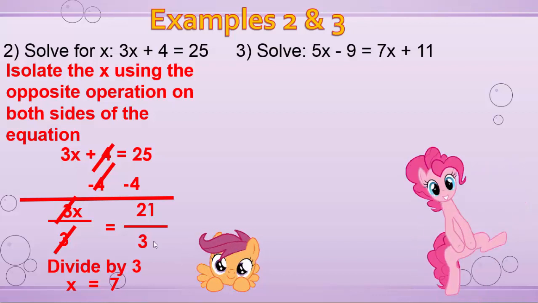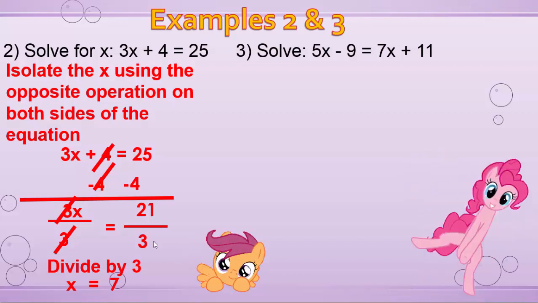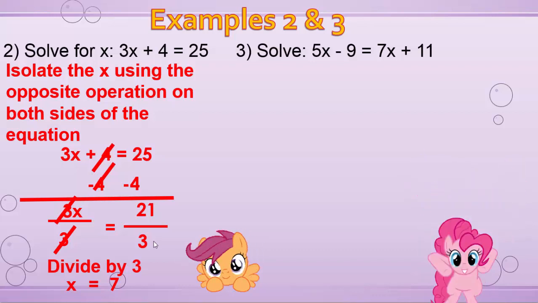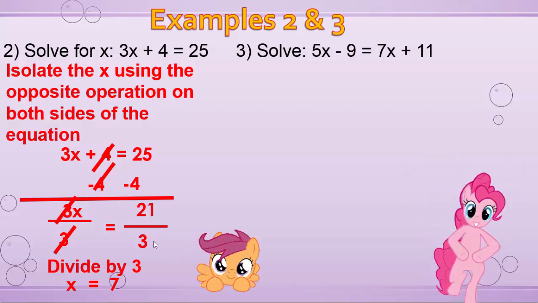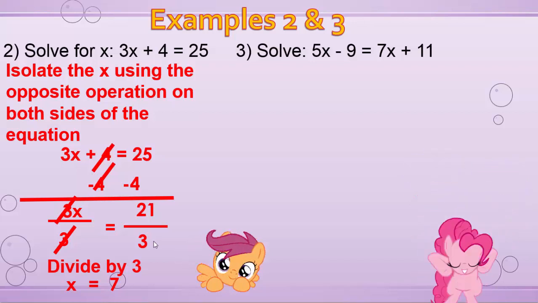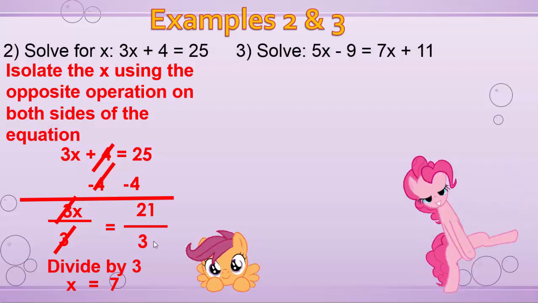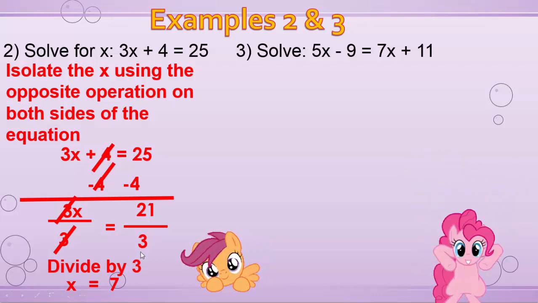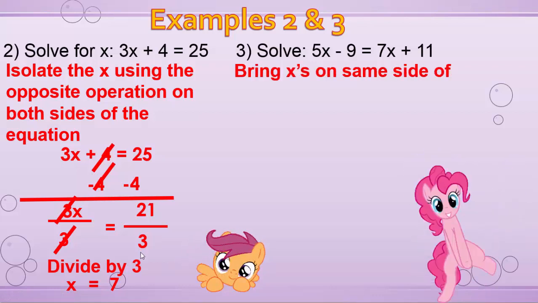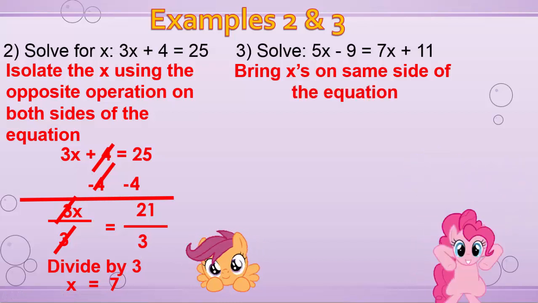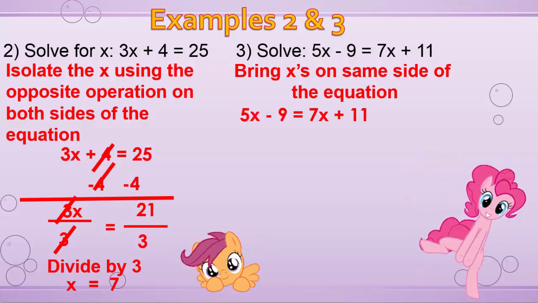In example number 3, we're asked to solve also for x, but in this case we have 5x minus 9 is equal to 7x plus 11. Well, we want to bring the x's on the same side of the equation first.